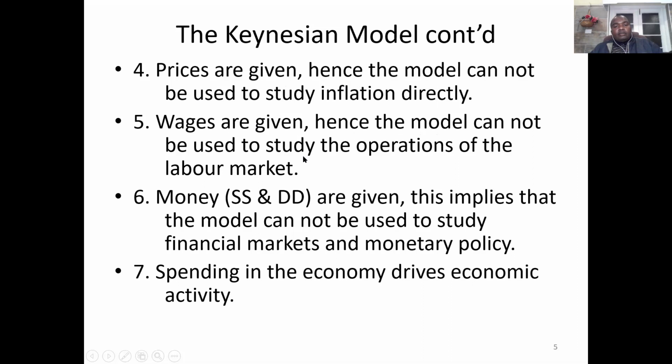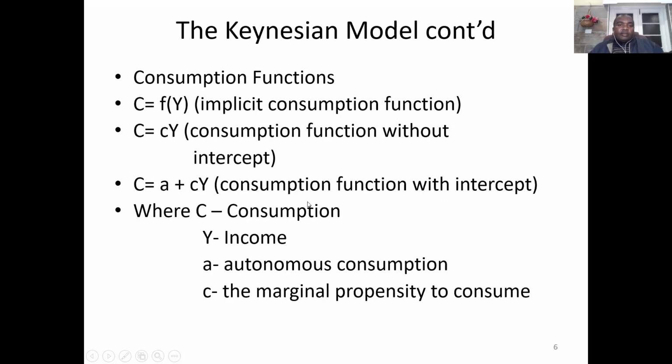Hence, the model cannot be used to study the operations of the labor market. Assumption number 6, money demand and money supply are assumed to be fixed or given. This implies that we can't use the simple Keynesian model to analyze the dynamics of financial markets and the monetary policy. The 7th assumption is that spending in the macroeconomy is the chief driver of economic activity.